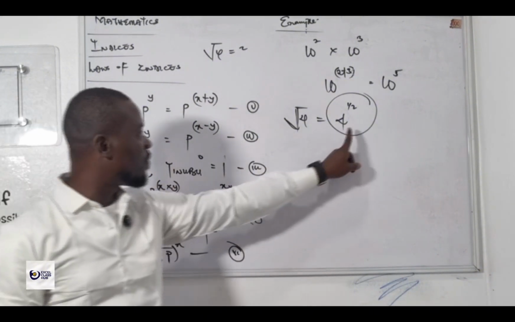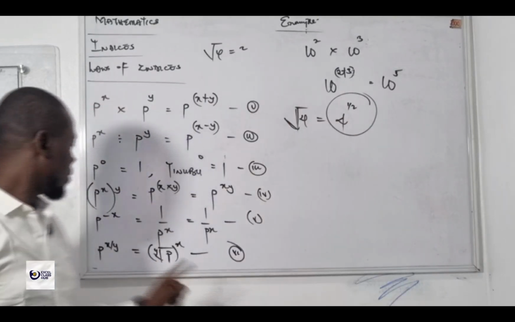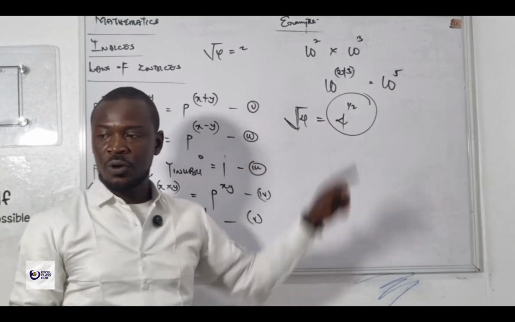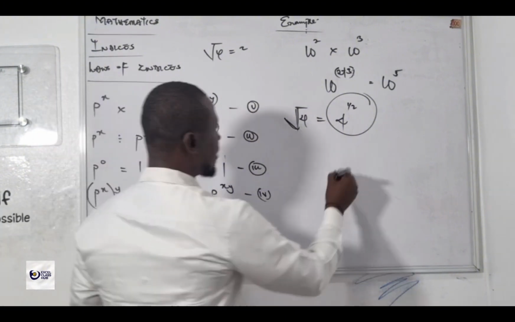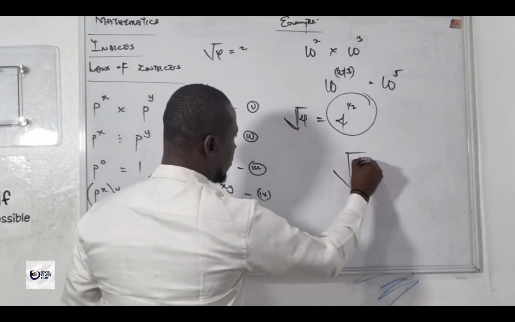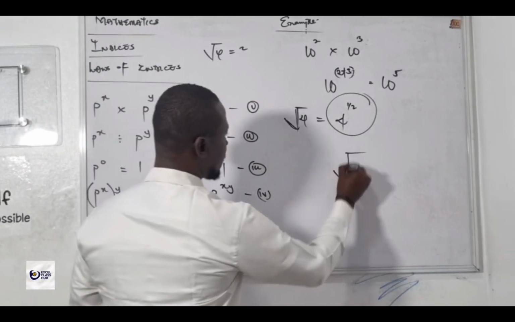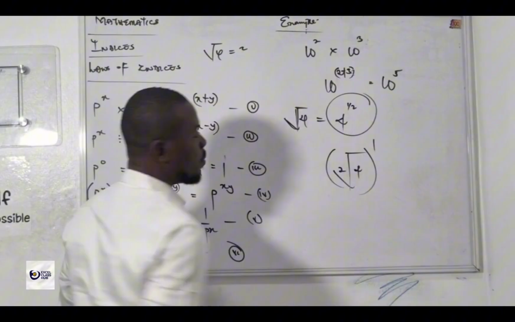This P is taking the position of 4, this x is taking the position of 1, and this y is taking the position of 2. So you draw a root sign. This P, which is your 4, will be here. The denominator will be 2. You close it, and here will be 1.